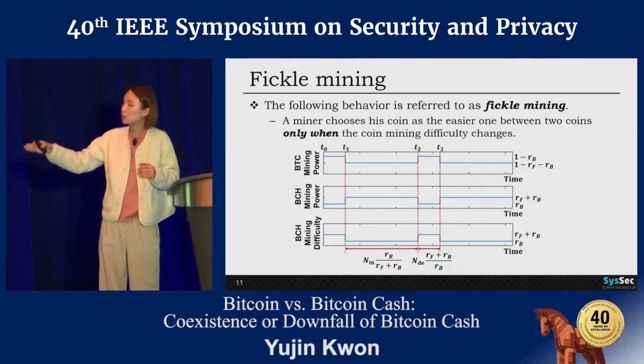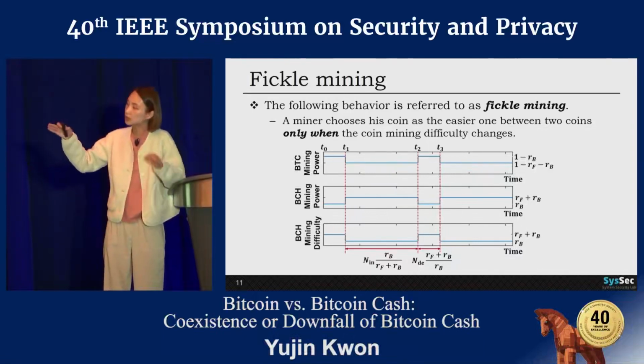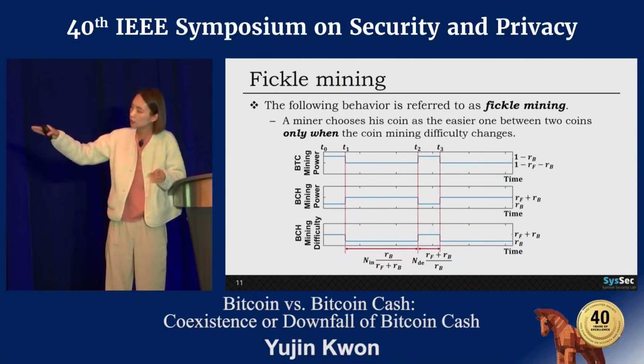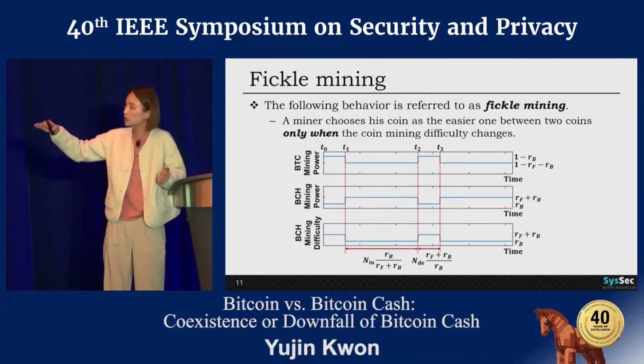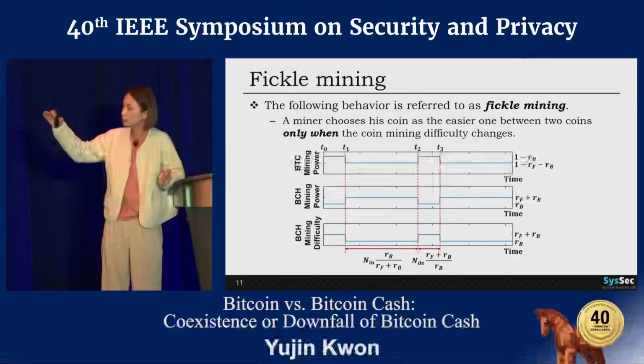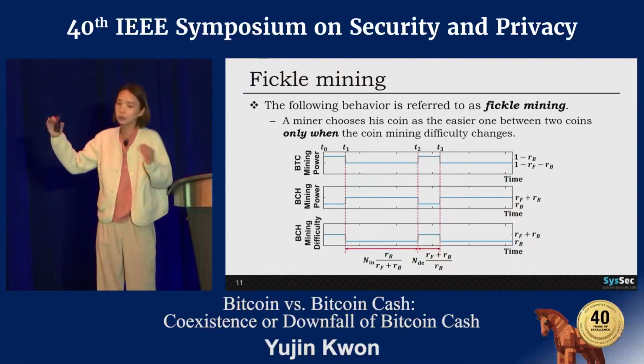After that, at T1, the BCH mining difficulty decreased, so the larger hash power moves from BTC to BCH. After that, at T2, the BCH mining difficulty increased, so the large mining power moves from BCH to BTC.